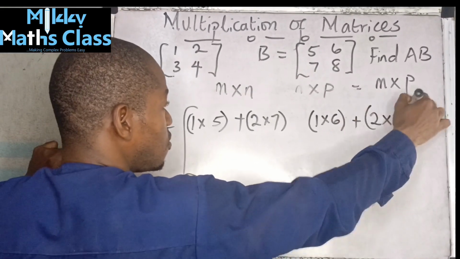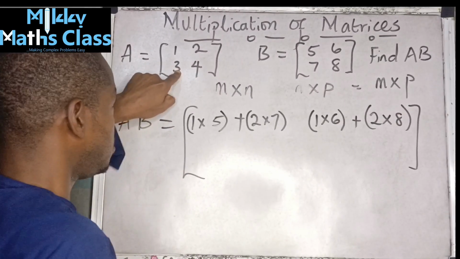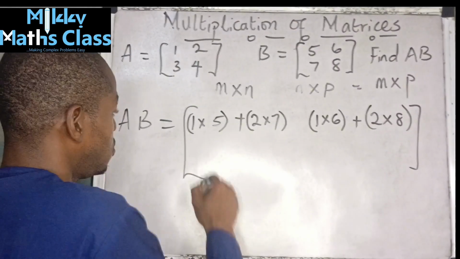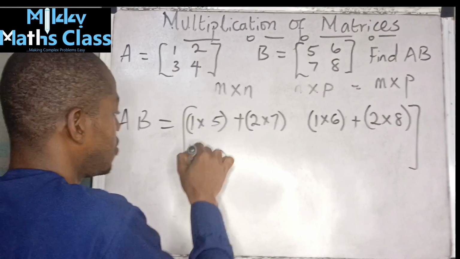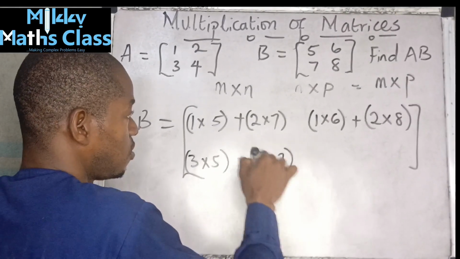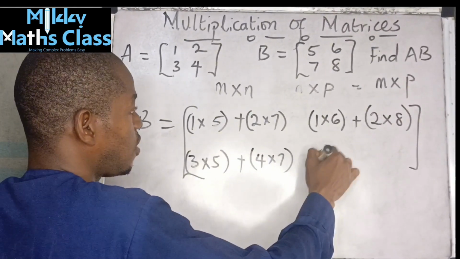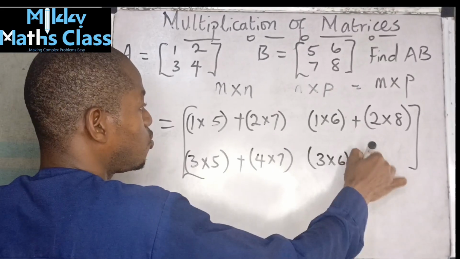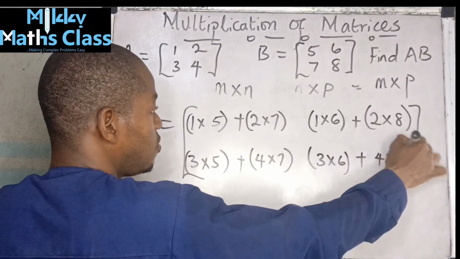Now we go again. 3 times 5 plus 4 times 7. Then we go again. 3 times 6 plus 4 times 8.